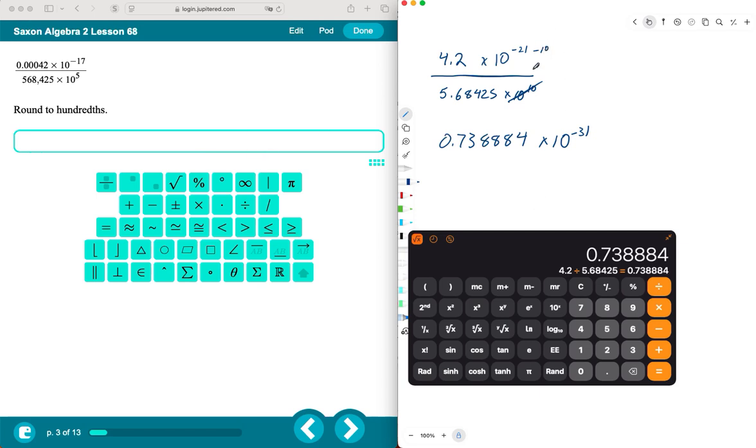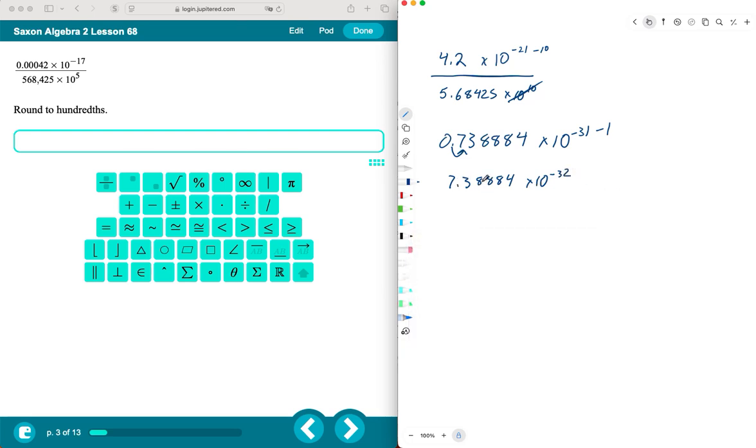All right, we got that. And if I move this back one, that's going to be minus another one. So 7.38884 times 10 to the negative 32nd. All right, so if I round that to hundreds, that's going to be 7.39 times 10 to the negative 32. All right, I think that's probably what it means when it says round to hundreds.